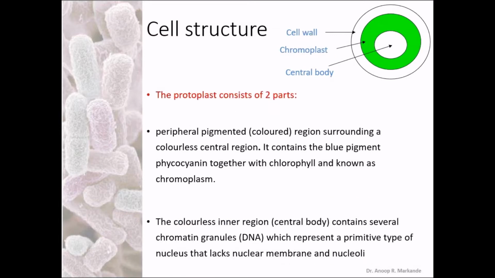The protoplast consists of two parts, a peripheral pigmented or colored region, while the colorless inner region contains several chromatin granules, which are the DNA and form a primitive nucleoid.